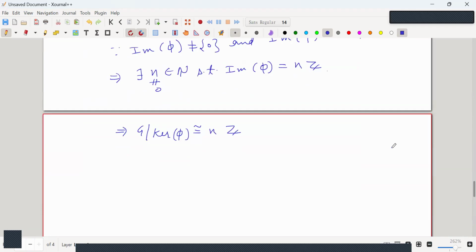Now this is infinite. So this implies G mod kernel phi is infinite. And clearly, if a factor group of a group is infinite, this will imply G is also infinite.